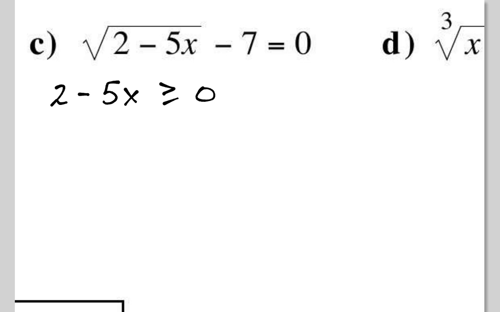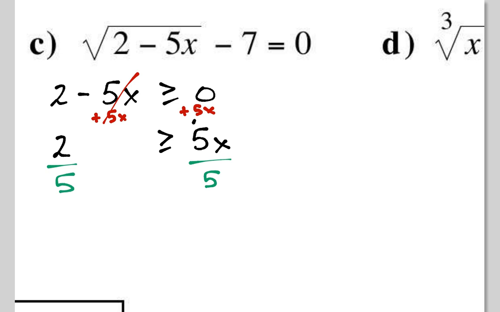What you can do to solve that issue is just move the 5x over to the other side, and then you don't ever have to worry about dividing by negatives. So what did I do? All I did on both sides was add 5x. Right? Now, you just divide by a positive, and you never have to worry about flipping signs.